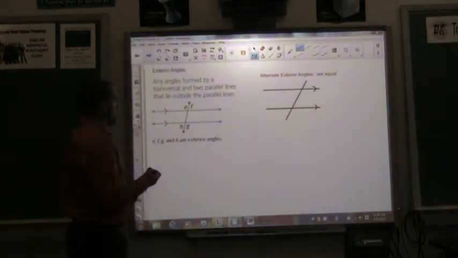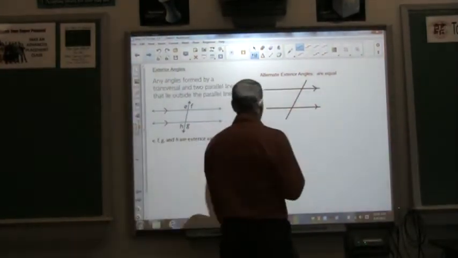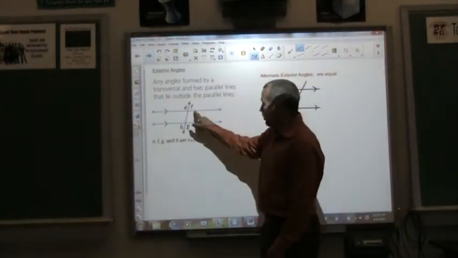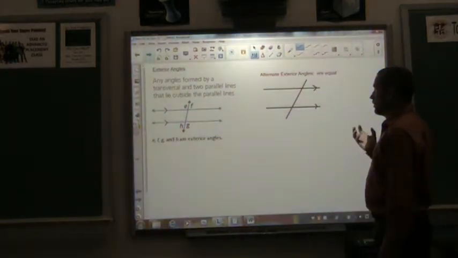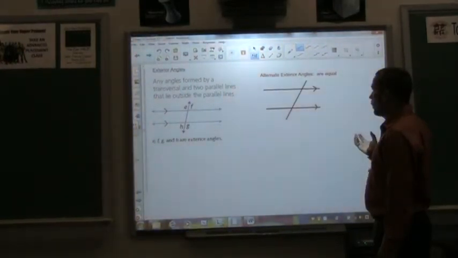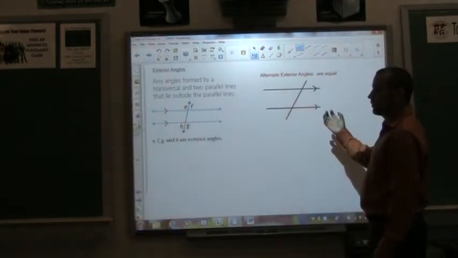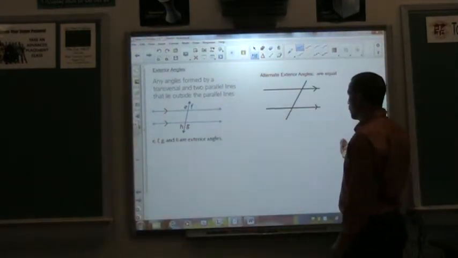Let's look at our next one. We're going to look at exterior angles this time. As the name implies, exterior, outside. So these are all of your exterior angles. And this time, the rule that applies is that your alternate exterior angles are equal. Fairly easy to remember because alternate interior are equal, alternate exterior are equal.